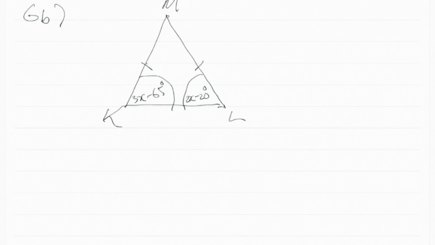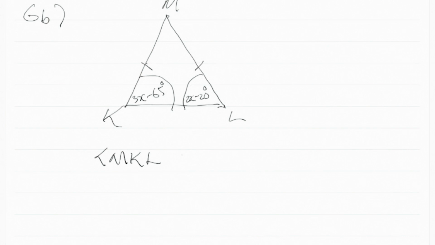How do you find the value of x? Now here you need to take advantage of the properties of the given triangle. What type of a triangle do we have before us? Isosceles triangle. Very good. This is an isosceles triangle in which two sides are equal.